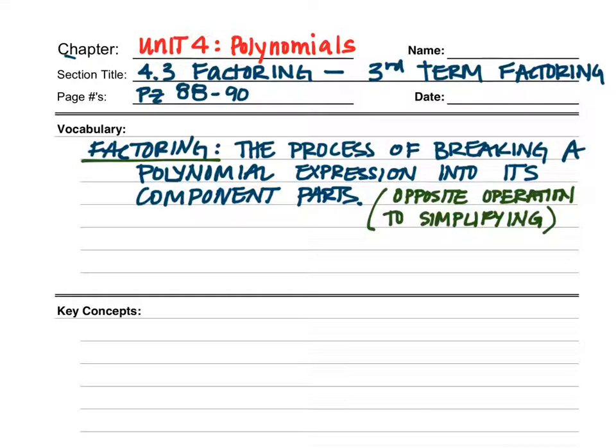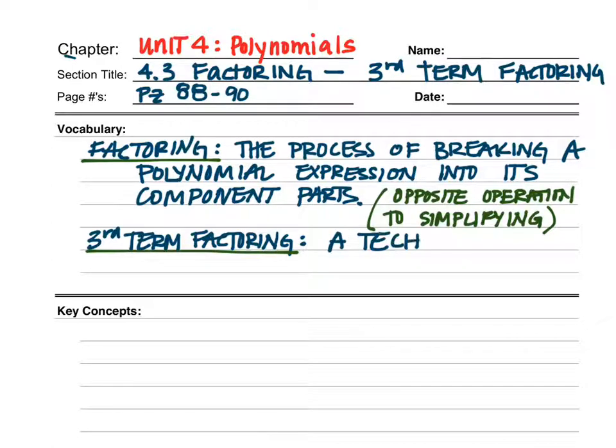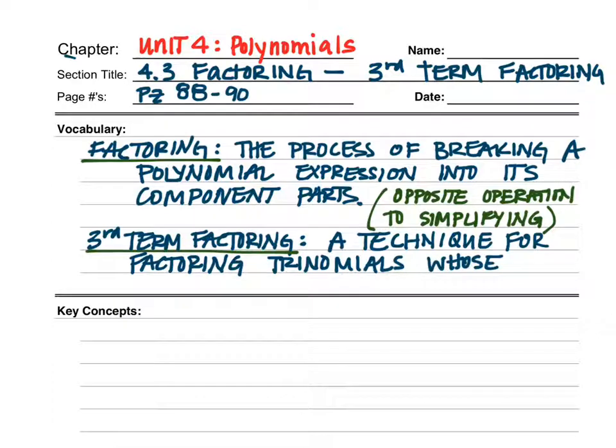And the next vocabulary word we're going to use is third term factoring, the actual subtitle to this section. This is a technique for factoring trinomials whose leading coefficient is 1.